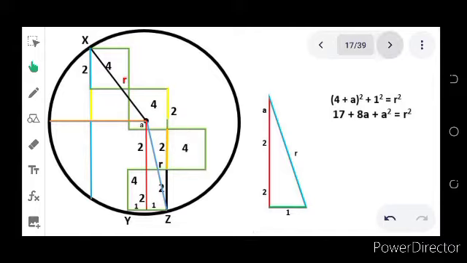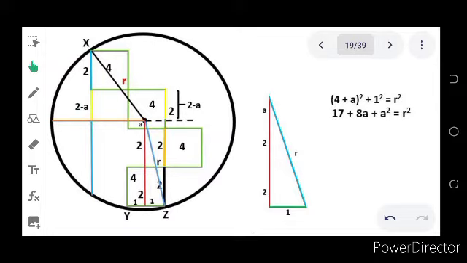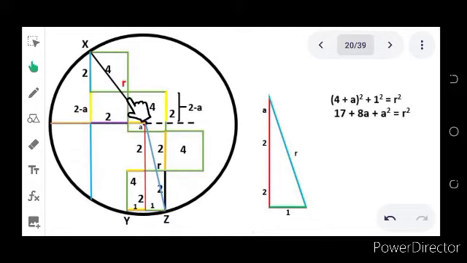This part here, if you draw it here, will be the same length as A. That means the yellow segment can be taken if we break the 2 into two segments and take away the A, so this one is 2 minus A. Since this one is equal to it, this will also be 2 minus A. And for this part here, since this is a side of a square, 2 units, this is also 2.